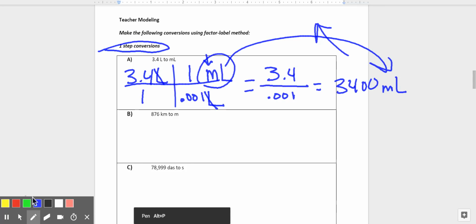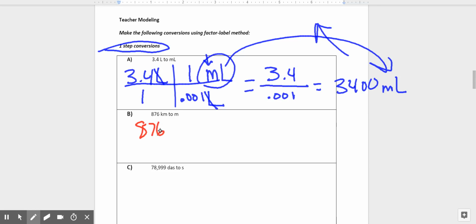Let's try another one. Write down what you're given. 876 kilometers is how many meters? We want to convert from kilometers on the bottom to meters on top. And the number 1 always goes with the one that has the prefix, so 1 on the bottom. 1 kilometer is how many meters? From your table above, or if you know, 1 kilometer equals 1,000 meters. Our kilometer units cancel.